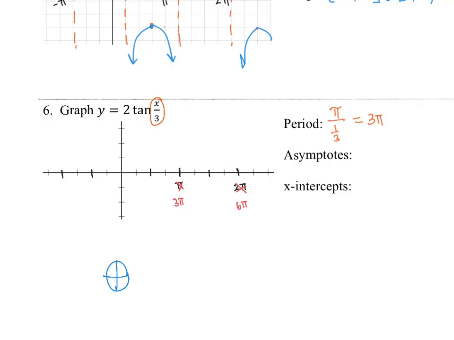Now I'm going to figure out what's going on. So this is 1, 0. So the tangent at 0 is normally 0. If I go up here, undefined, go down to here, 0, go down to here, undefined, and I can see the pattern. So I'm just going to continue the pattern.